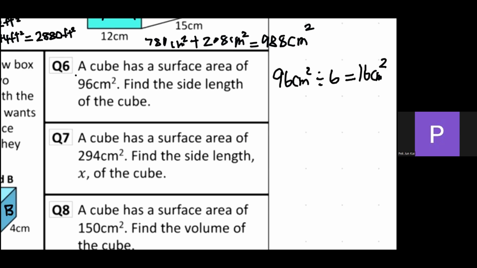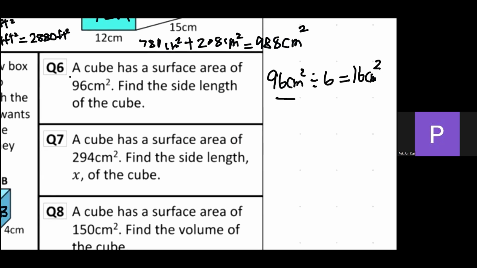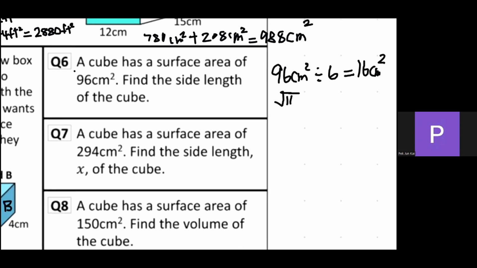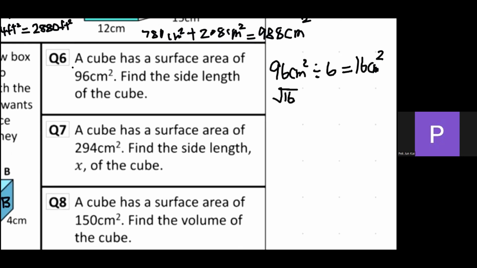And we can square root 16 centimeters square, since to calculate an area, we would need to times the length and width. And since the cube has the same length and width, we can square root it to find the length. So it would be 4 centimeters. So this would be the answer for question 6.